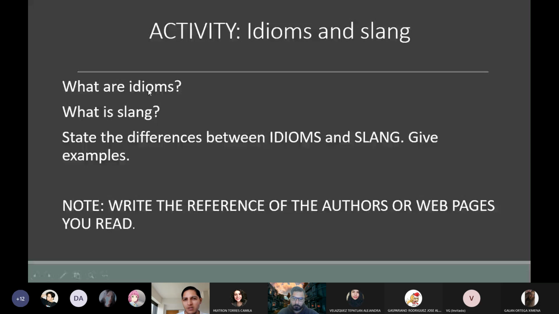Those are idioms. And now you need to add what is slang. What is slang? This is controversial because some people believe... We already did that. Ah, you did it? Perfect. Thank God. Well, forget about this.